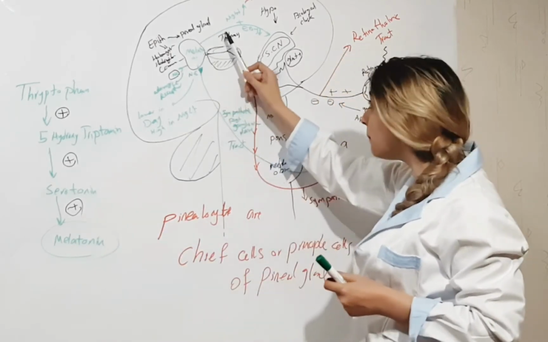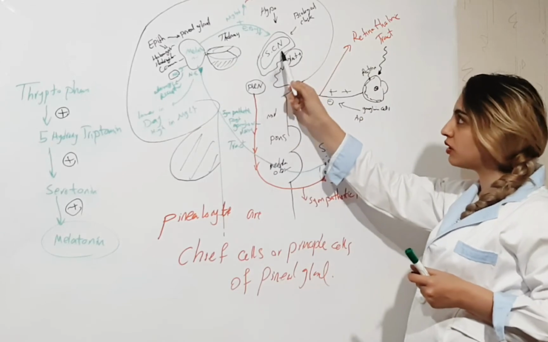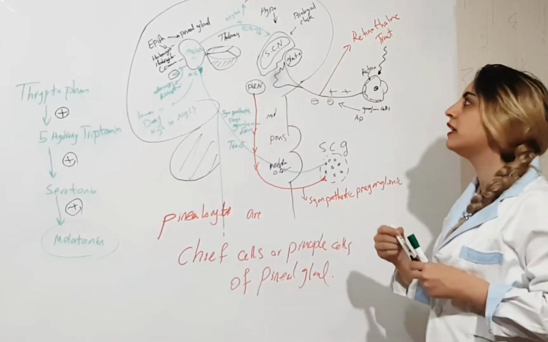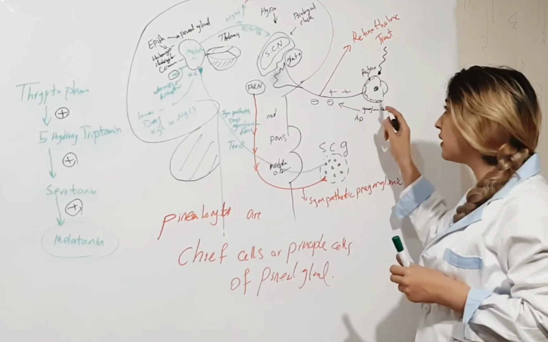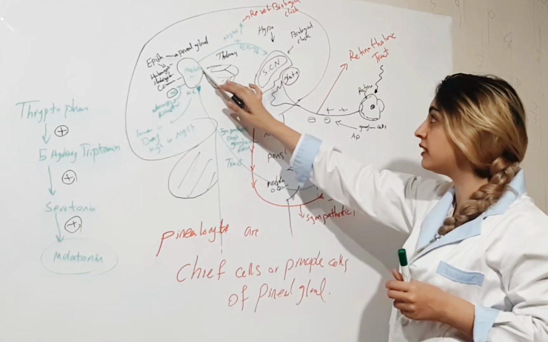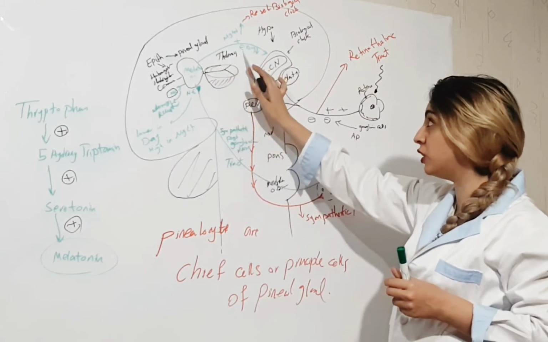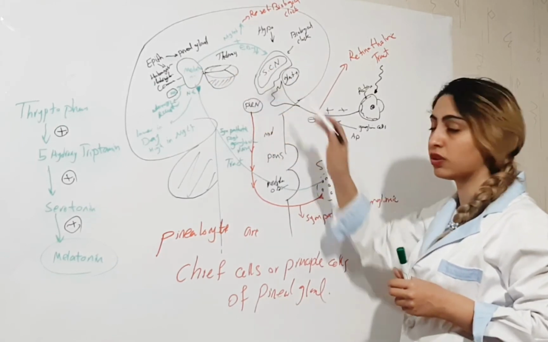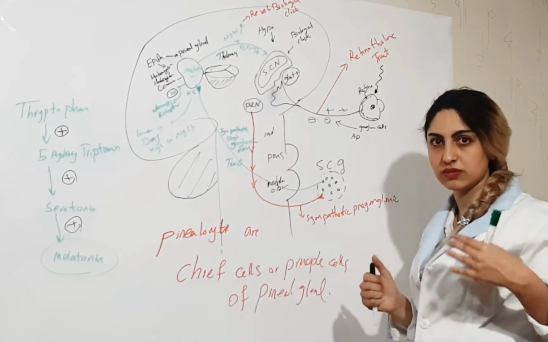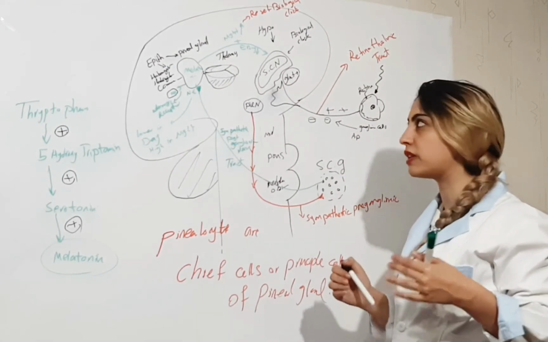And melatonin will come and affect the suprachiasmatic nucleus here and reset the biological clock. It means that if it is, for example, night, melatonin is increased a lot, and it will tell the suprachiasmatic nucleus, okay, the person must sleep, and the suprachiasmatic nucleus will make the body ready for sleep.